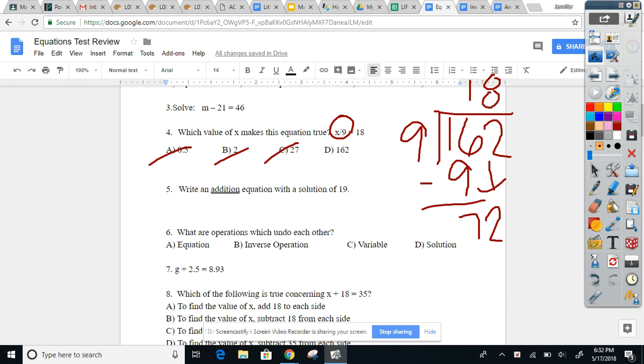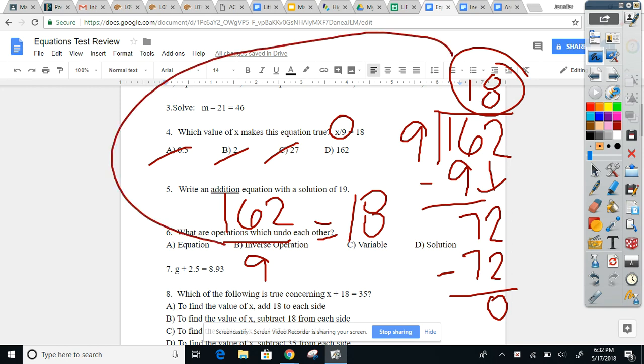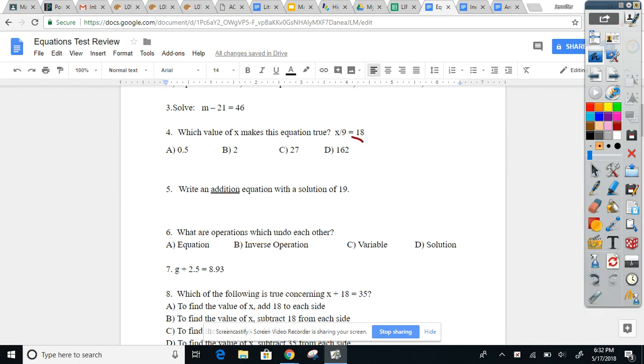That would be 8. 72. Okay, so that just reads 162 divided by 9 equals 18. And we said 162 divided by 9 is 18. So that subs in for here. So is 18 equal to 18? Yes, it is. So that makes our answer choice D.